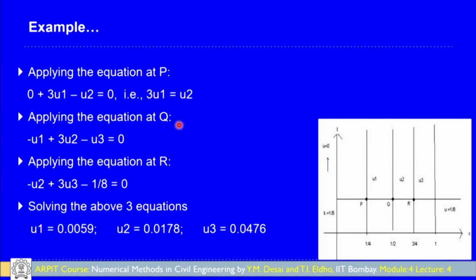Applying the equation at Q, we get minus u1 plus 3 u2 minus u3 is equal to 0, and then applying the equation at R, we get minus u2 plus 3 u3 minus 1 by 8 is equal to 0. So, with these 3 equations and the boundary condition, we can solve for the unknowns. That is the way we can solve it.